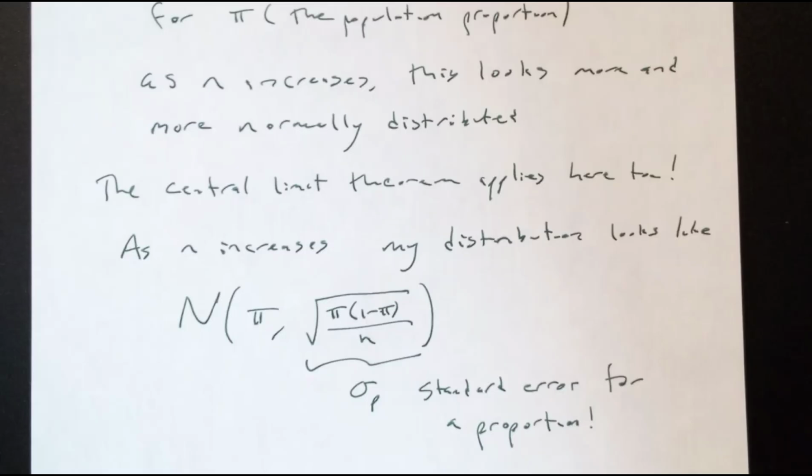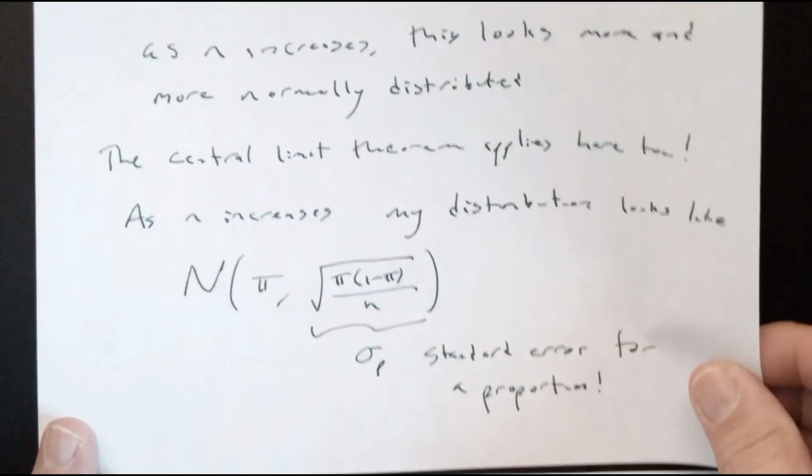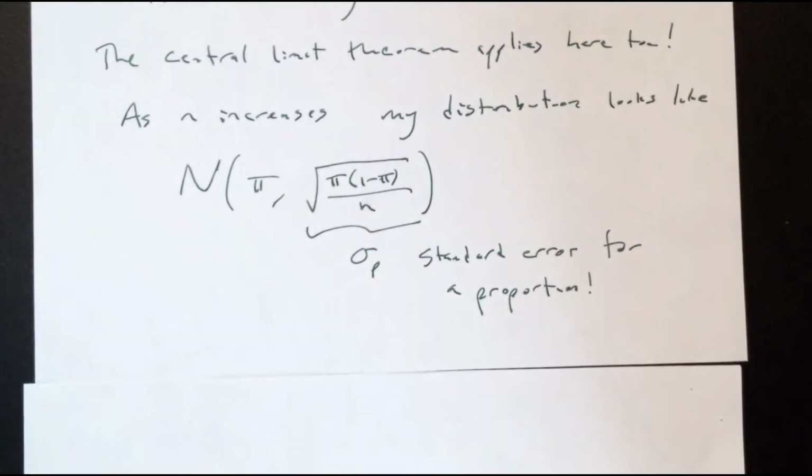If I want to do this right, I need to make sure I have a sufficiently large number of successes and a sufficiently large number of failures to assume that I actually do have a normal distribution. And the number that's good enough, and this is a rule of thumb, we kind of made it up. We're trading off practicality and expense.